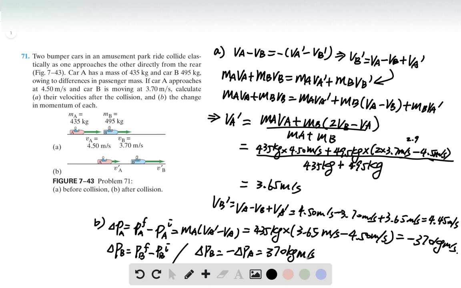So we know the velocity of each car after the collision, and we know the change of momentum of each. A decreases by 370 and B increases by 370, and the total is still conserved.